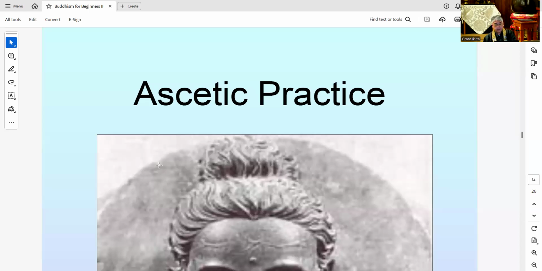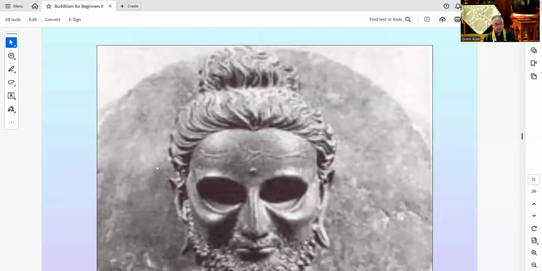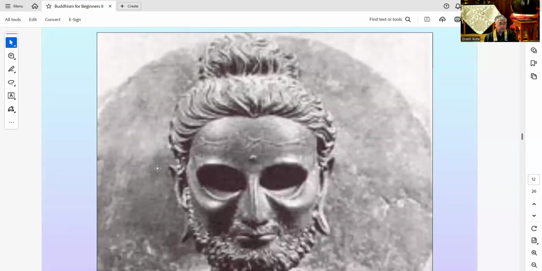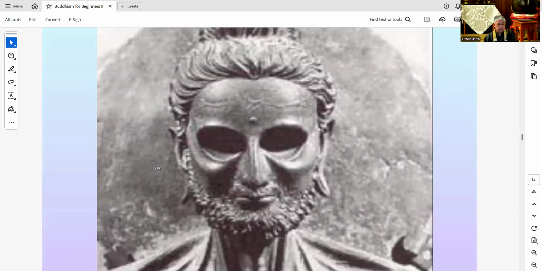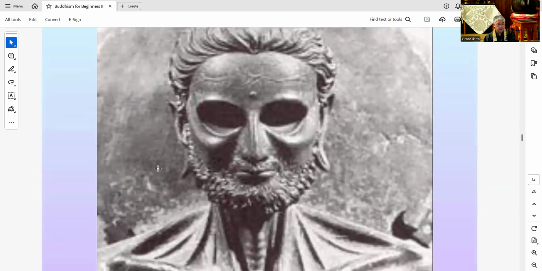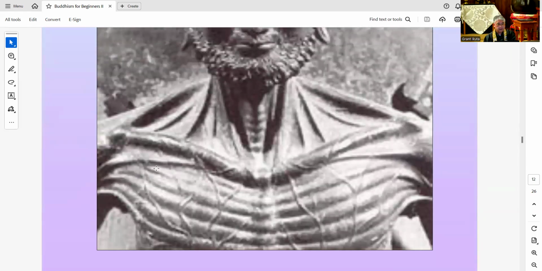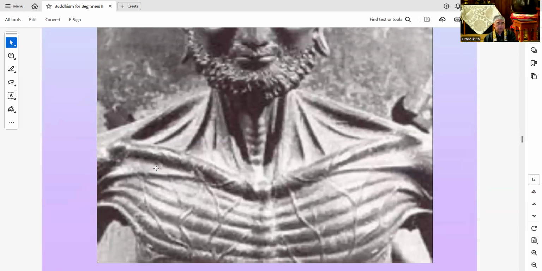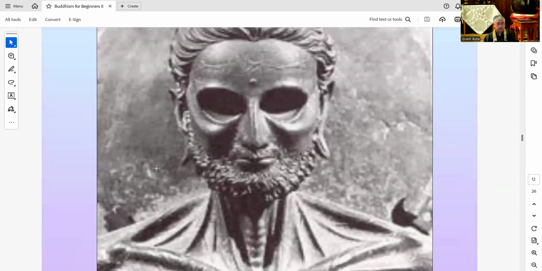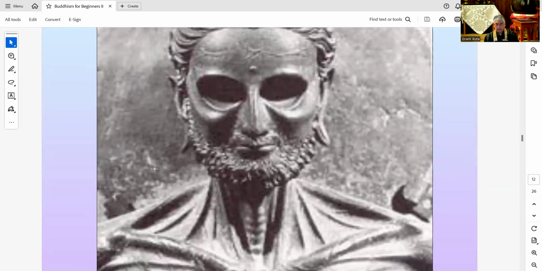And so this is actually a very famous statue. This comes from what they call the Gandhara province. And this is a statue showing the Buddha during his ascetic practices. And you can see he's literally skin and bones is what it comes down to, and his eye sockets are very drawn in, gaunt looking.